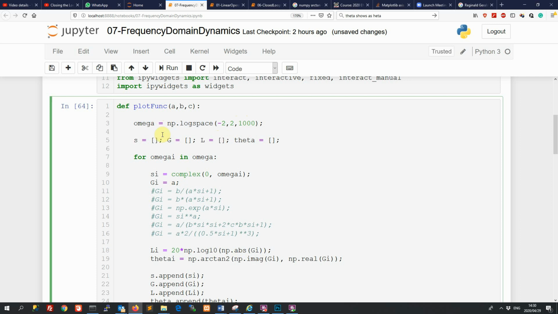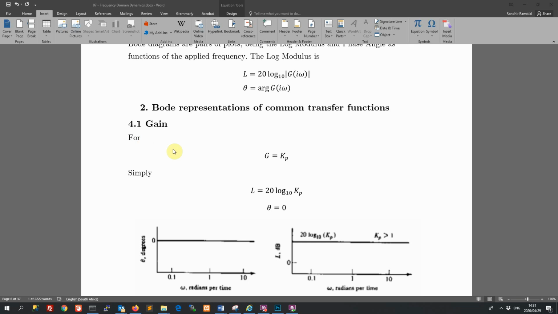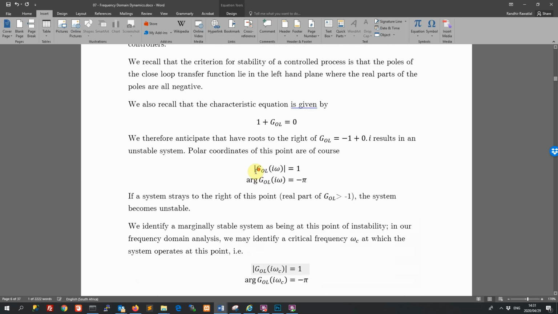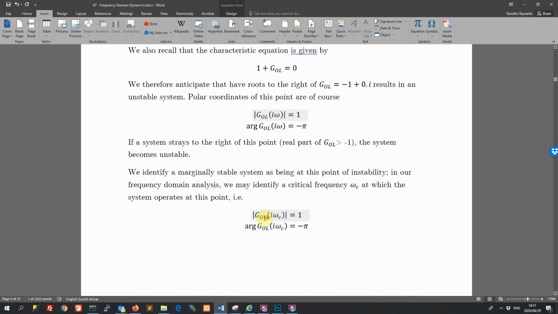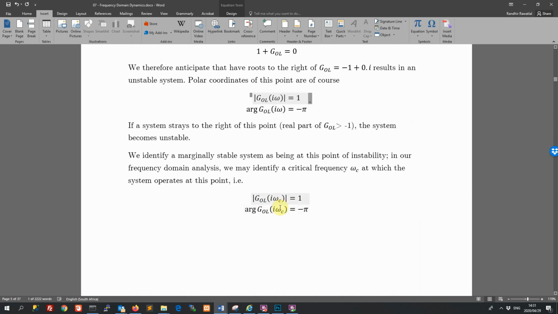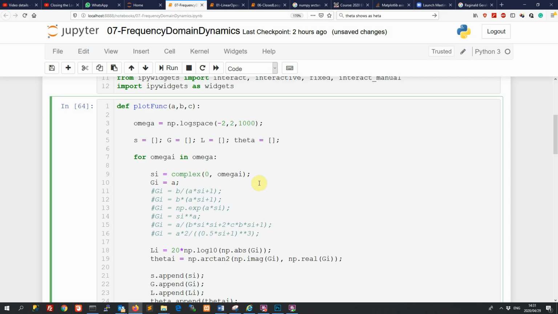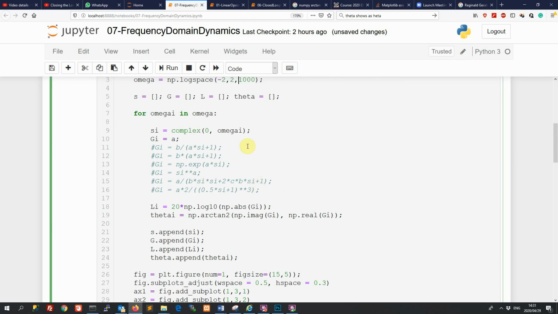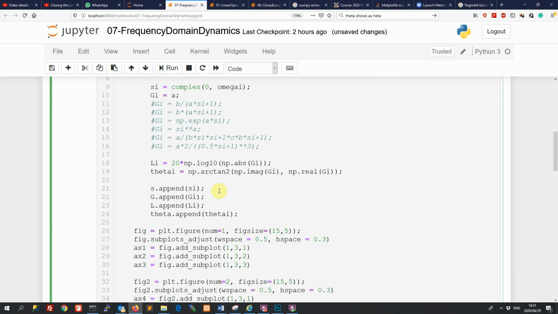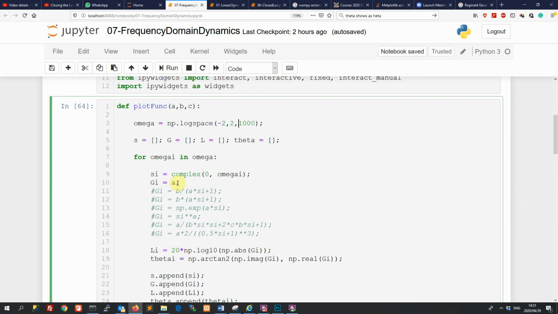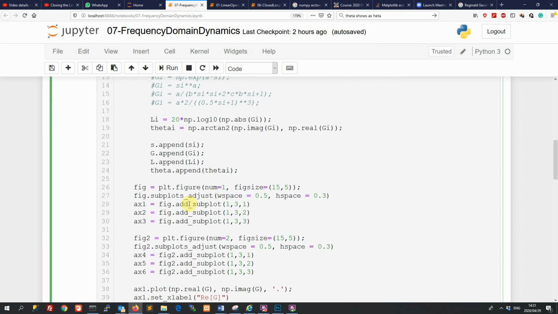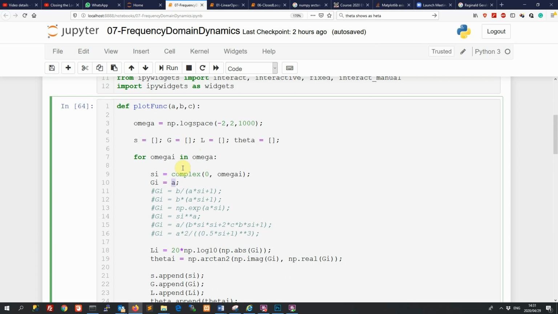So we are letting omega vary from a very small number to a very large number, and we are plotting out our function. Once more, we want to know what g looks like if we apply different omega. So we are going from omega very close to 0 to a very large number. We are looking at g of i omega, and right now for the constants, the way we are doing that is we are creating an s value.